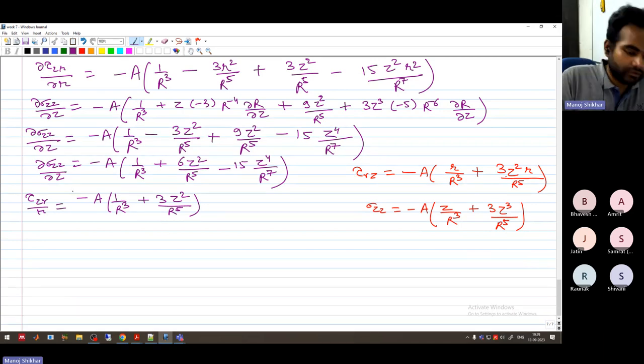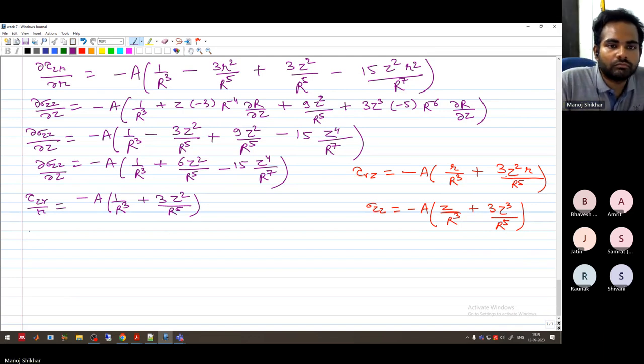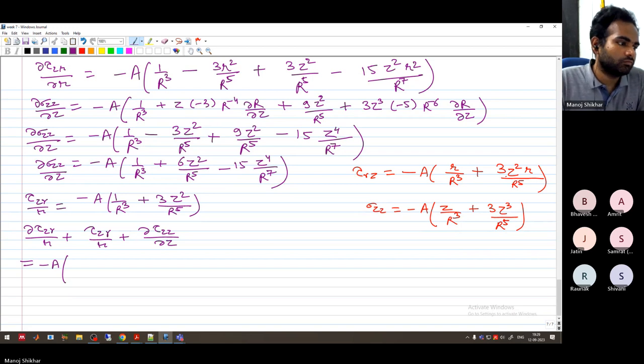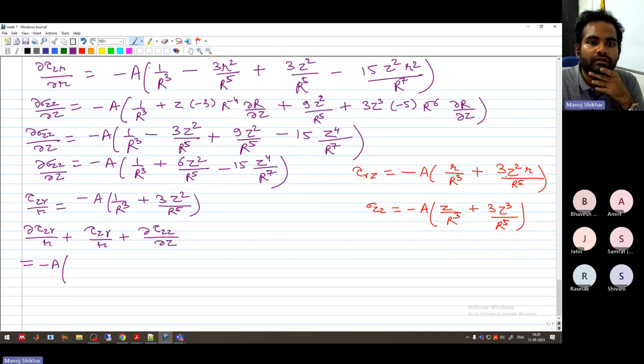So let's put everything together. Here we have 1 by r cube, here we have 1 by r cube, here we have 1 by r cube.